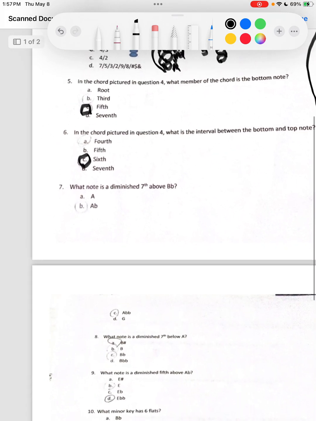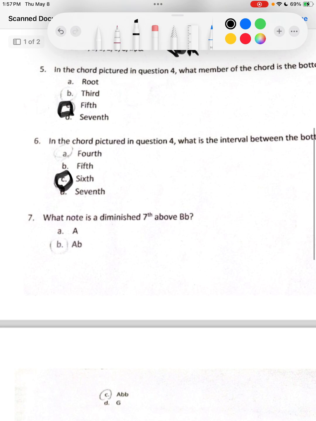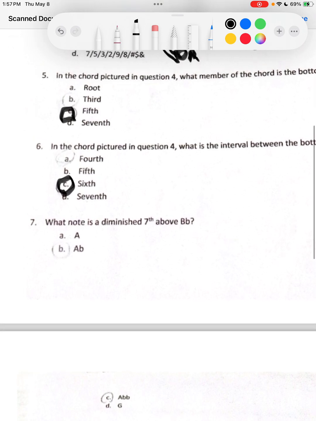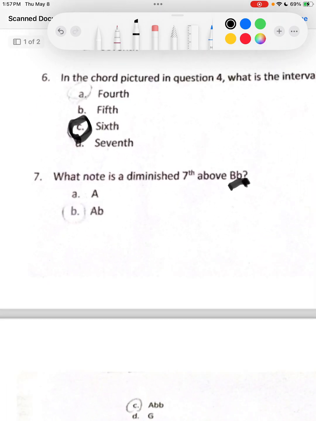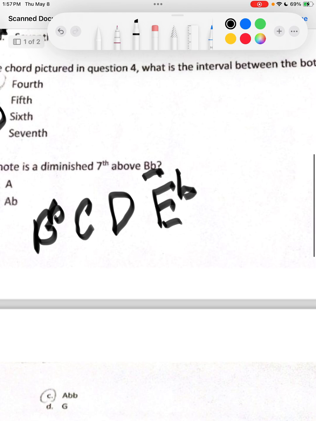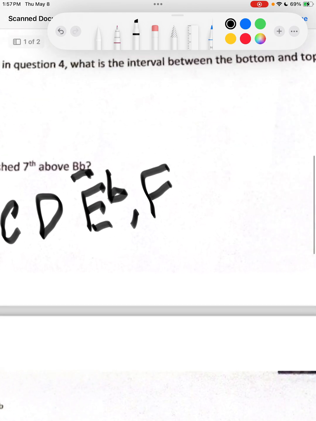Okay. Oh, no. What is the diminished seventh above B flat? Oh boy. Diminished seventh above B flat. Okay. I'm gonna take this first and do that. I'm gonna write it like this. B flat, C, D, E flat, F, G, A, B flat.